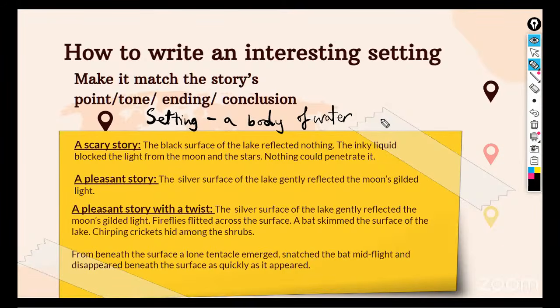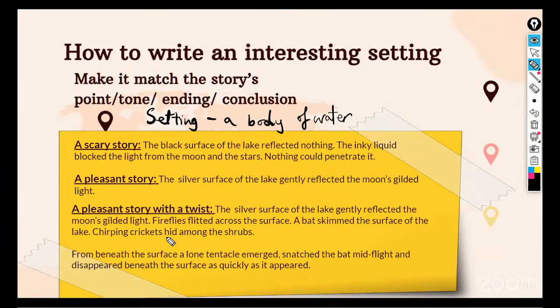If it's a story that's going to have a twist, then you could describe your lake in such a way, with a twist. So if you look at this example here for the last one, the silver surface of the lake gently reflected the moon's gilded light. So everything seems nice and calm, right? Fireflies flitted across the surface. A bat skimmed the surface of the lake.